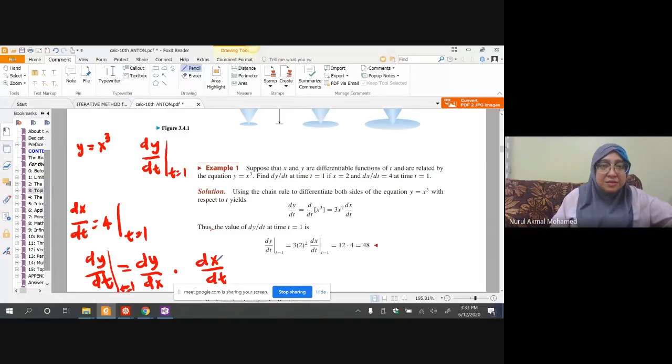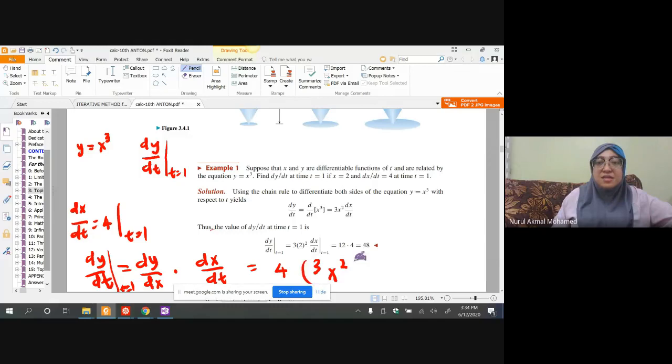So this is dy/dt. What is given is dx/dt, which is equal to 4. The dy/dx, you differentiate y with respect to x, you get 3x squared.